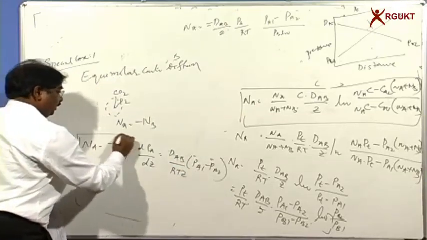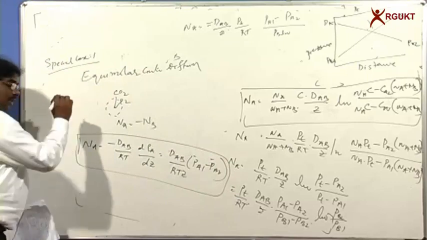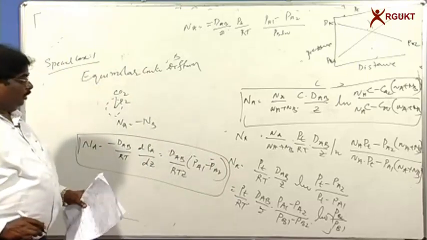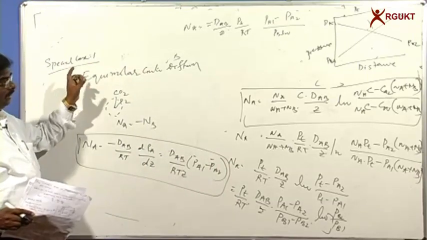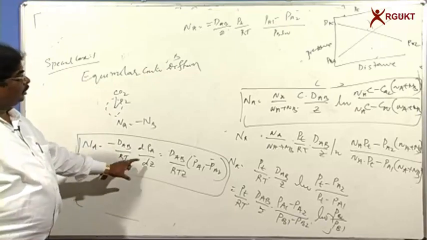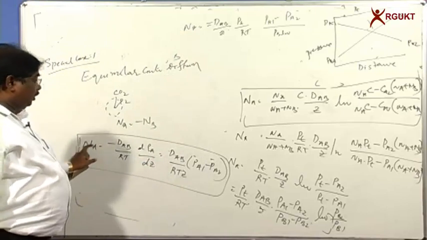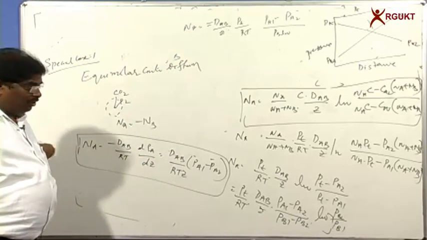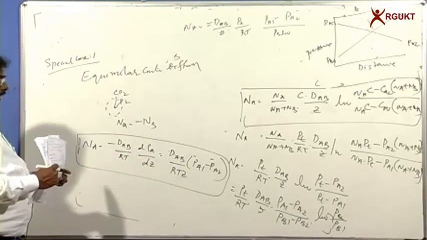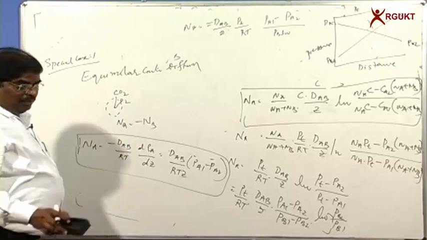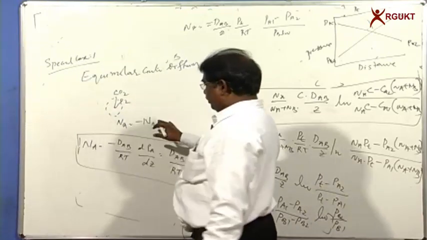So this is the equation that we are going to use for the equimolar counter-diffusion. Once you know either the non-diffusing B case or the equimolar counter-diffusion case, you have expressions, and one can calculate the flux. Once you know the flux, other things can be calculated. And this is one example where we are talking about Na is equal to minus Nb.